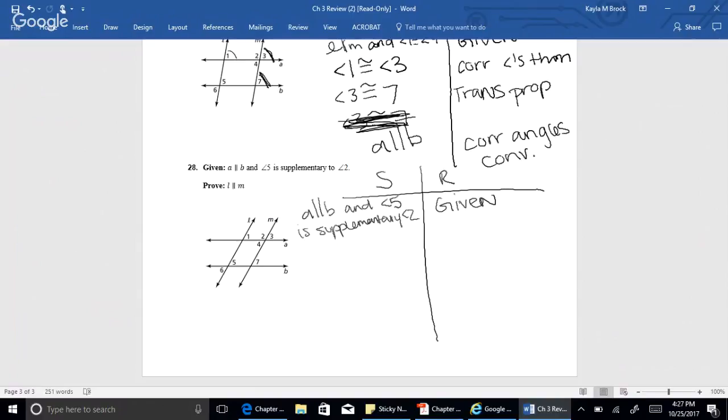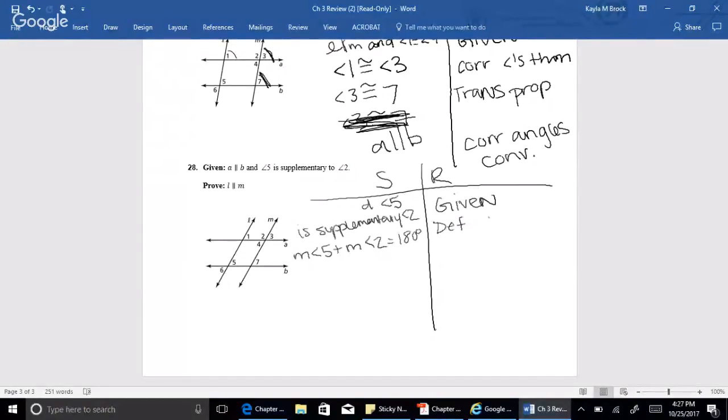So the first thing I'm going to do is make a statement. The measure of angle 5 plus the measure of angle 2 equals 180 degrees. And why would I say that? Because it is the definition of supplementary angles.